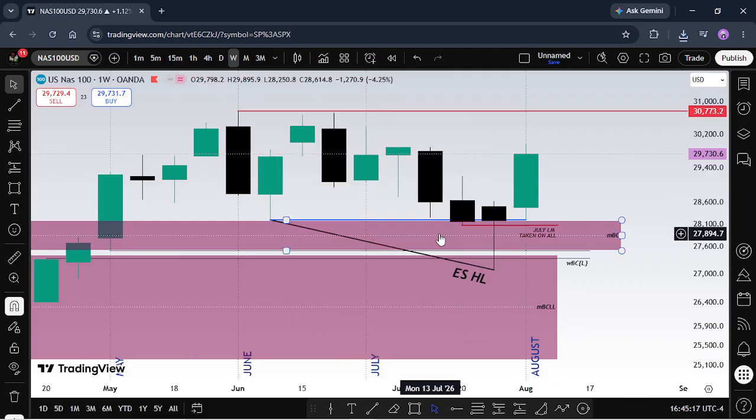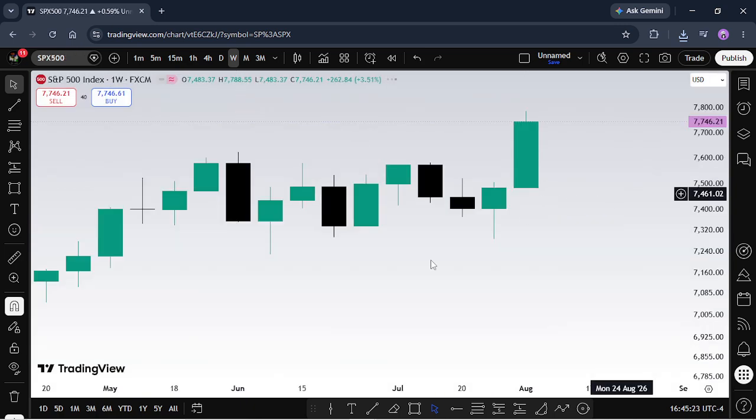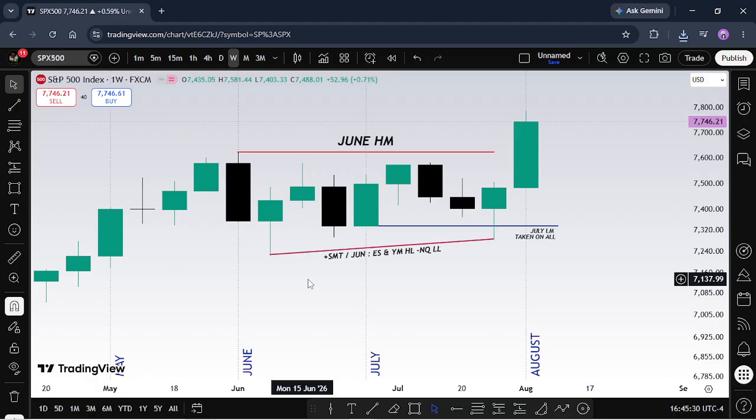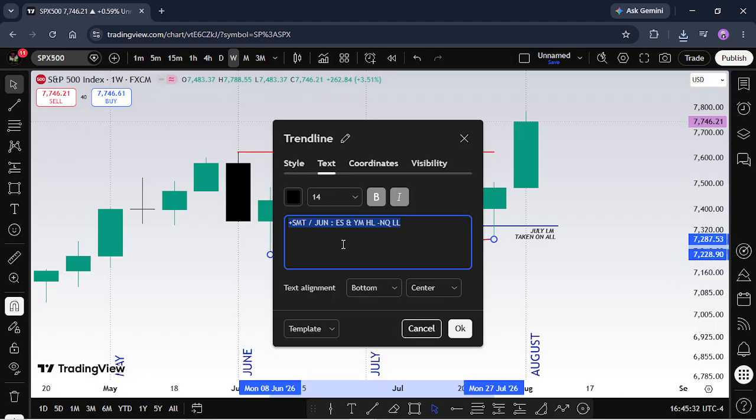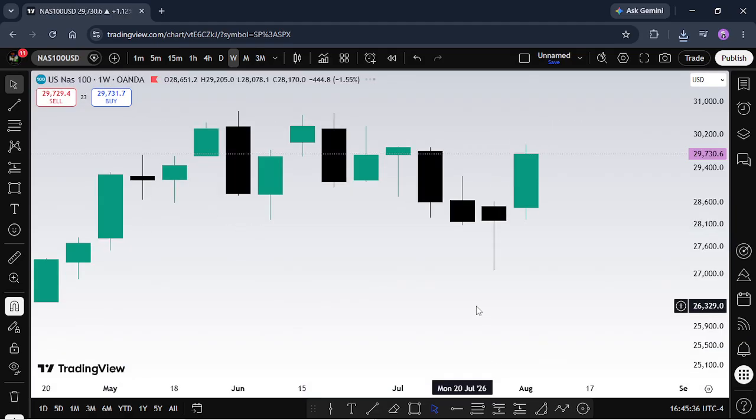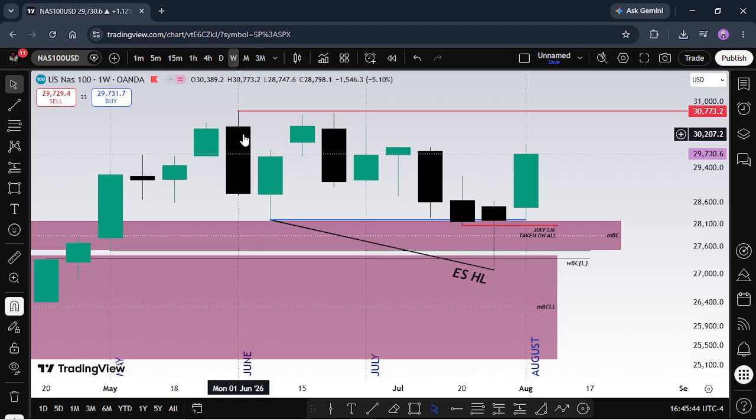Yes. Okay. And then for here, what I wrote on the other indices, I'm gonna copy it here, because it's the same thing. It applies. Control C. So from here to here, the high of the year or month is June as well.